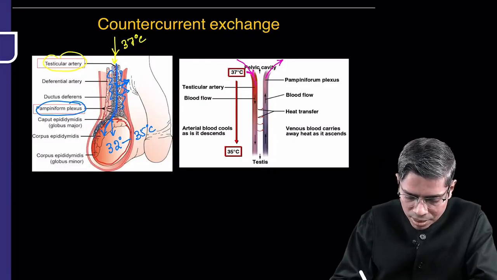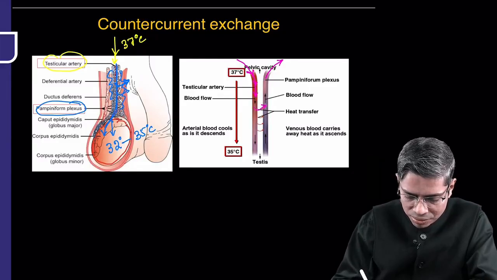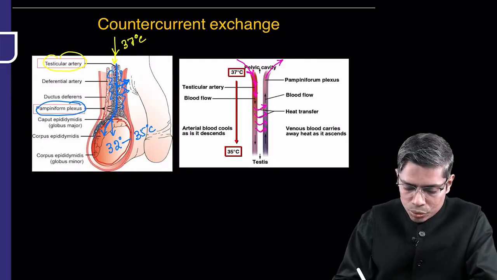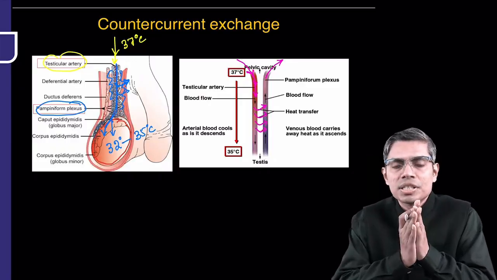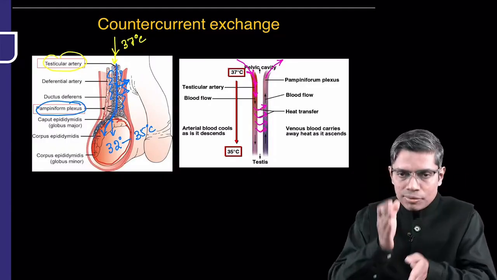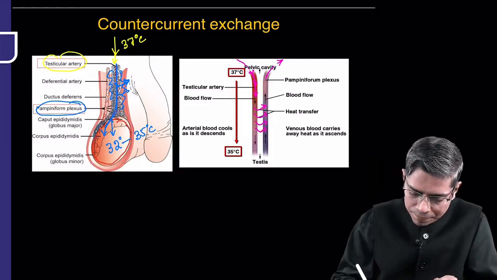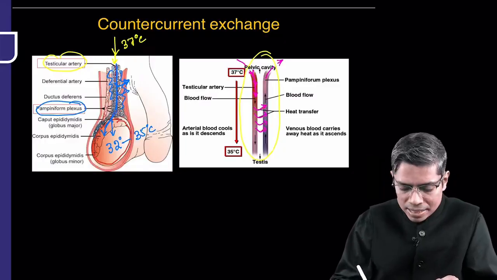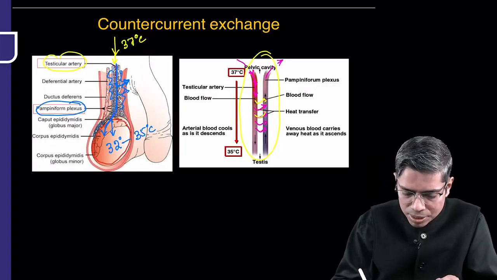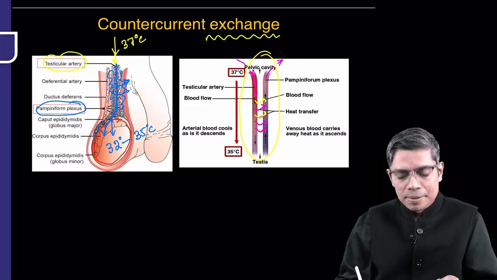Whenever the testicular artery is bringing blood towards the testis, there is exchange of heat from the artery towards the vein. These two tubes are parallel to each other, very close to each other, and the flow of blood is opposite to one another. That's why this whole system is known as the counter current system, with exchange of heat between these two vessels.